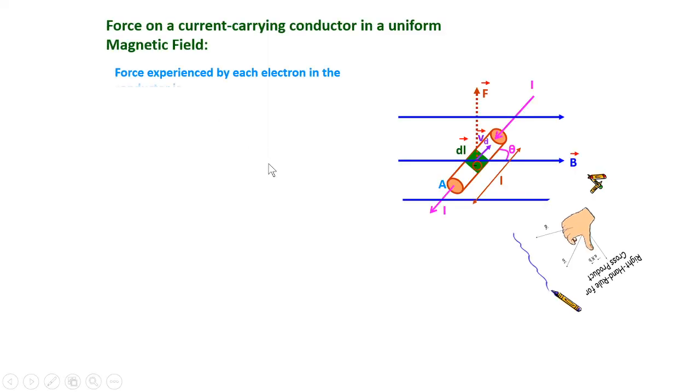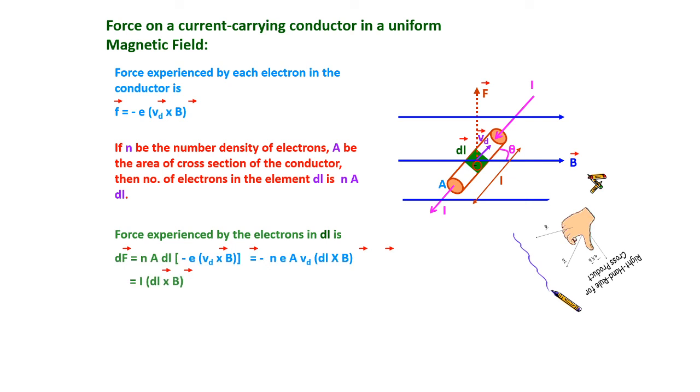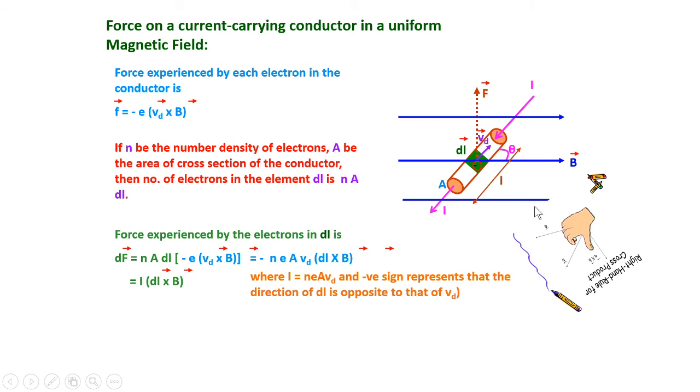So you see the direction of force. The direction of force is given by the right hand rule. You have to curl your finger from L. L is in this direction and B is in this direction.